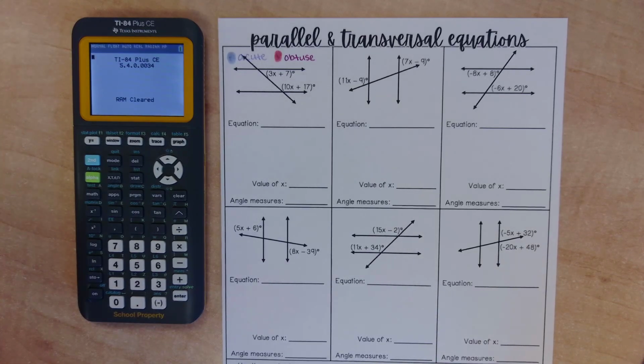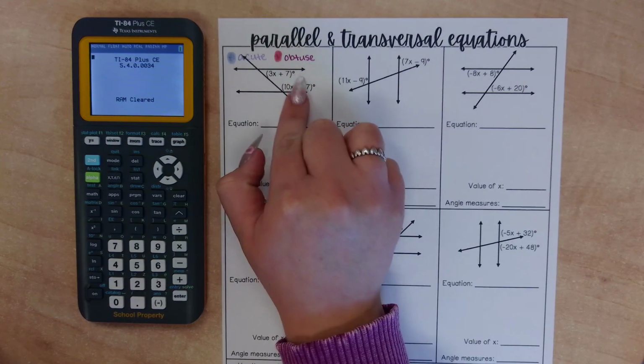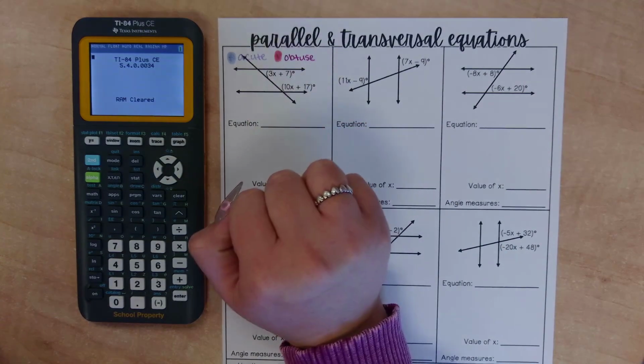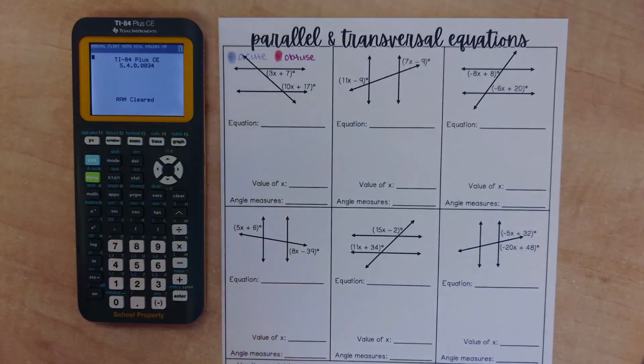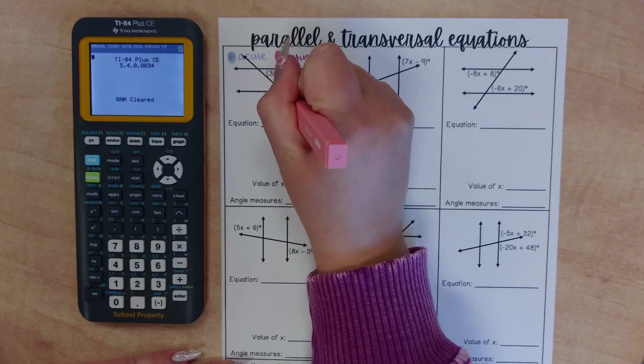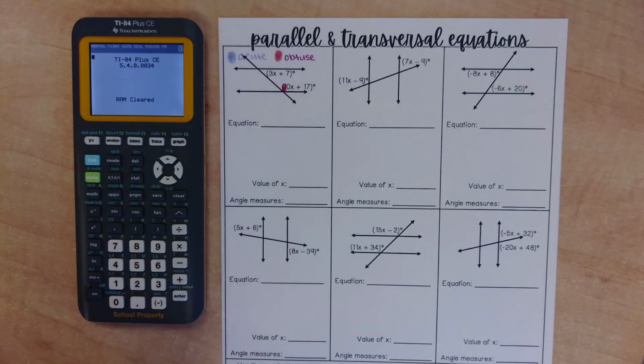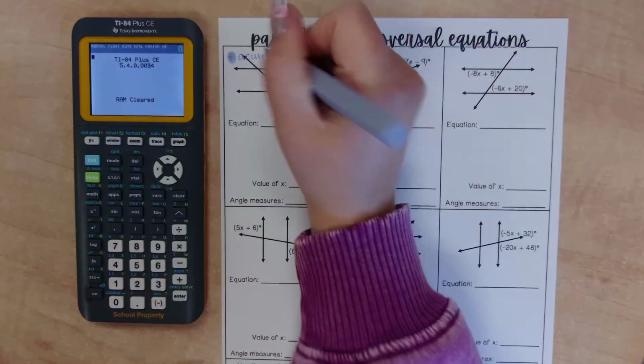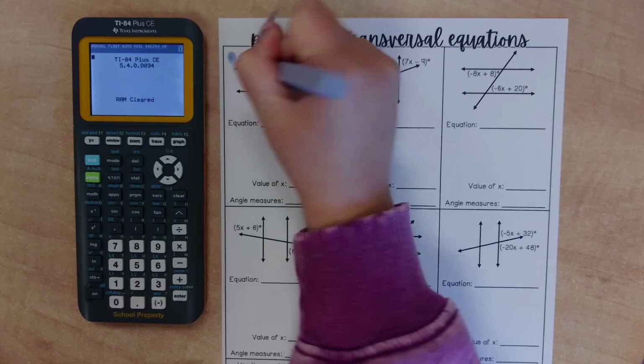Now, per definition, that is called same side interior because they are on the inside and they are on the same side of the transversal. So because of that, I know one of them is acute, one of them is obtuse, and by looking at it, I can see that this is my obtuse angle and the other is my acute angle.